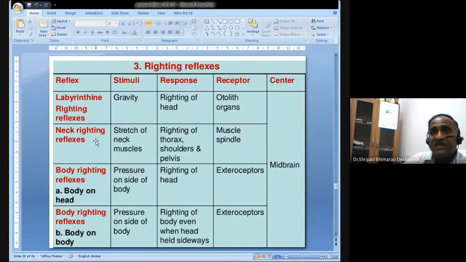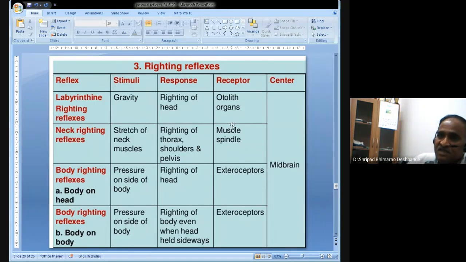The neck righting reflexes, that means the neck is trying to change the posture. It is the neck muscles which are coming up, and when these neck muscles are operative, they will try to position the neck in relation to the thorax, the trunk and the upper extremity. Of course the pelvis automatically comes along with the trunk or the thorax.